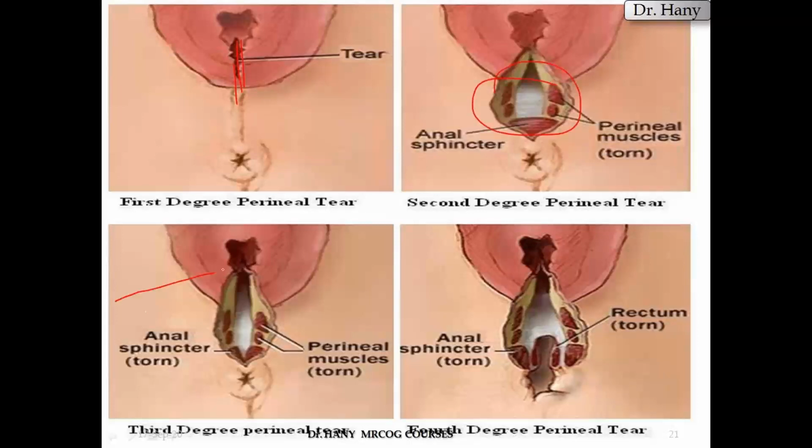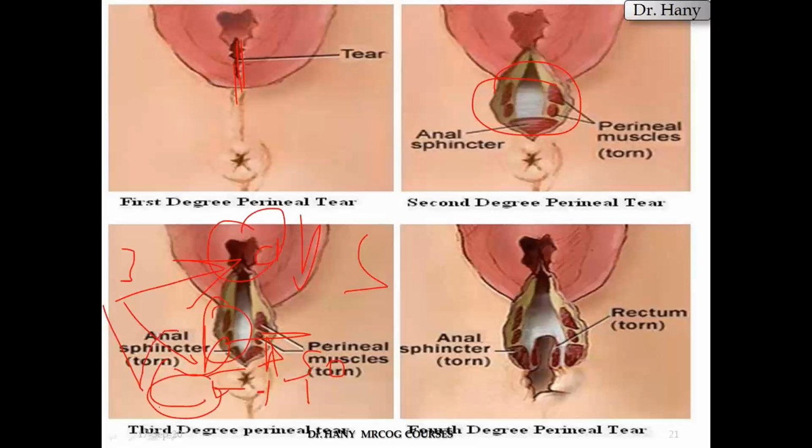Third degree will be A, B, and C: less than 50% of the external anal sphincter, more than 50% of the external anal sphincter, and both external and internal anal sphincter for C. I will not go into A, B, and C; I just gave you the exam tricks. Complete perineal tear or fourth degree if the anal mucosa is completely torn. So first degree, second degree, 3A, B, C, and fourth degree.